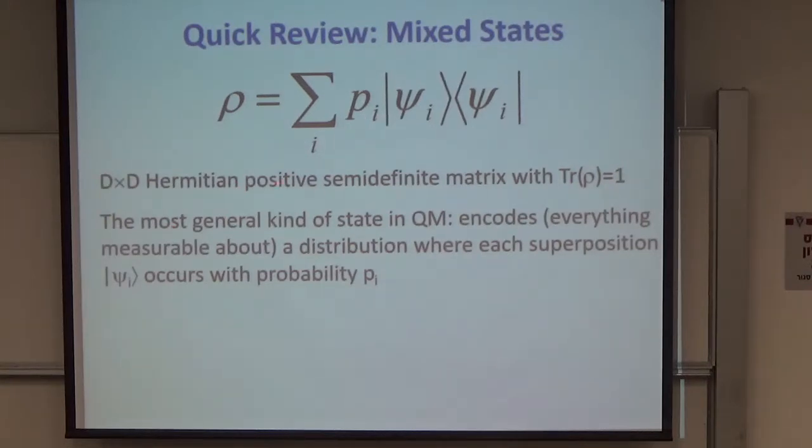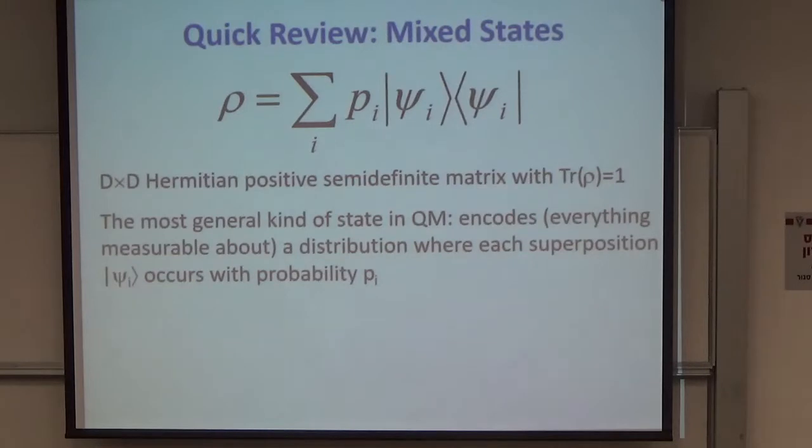It's a convex combination of different rank 1 matrices like these, outer products of pure states with themselves. In general, any mixed state in d dimensions is a d by d Hermitian positive semi-definite matrix with trace equal to 1. This should be familiar.